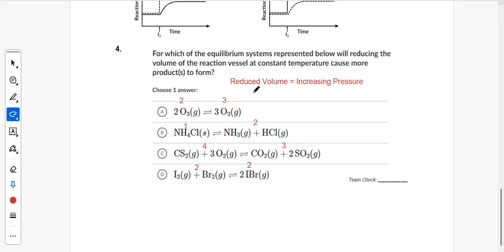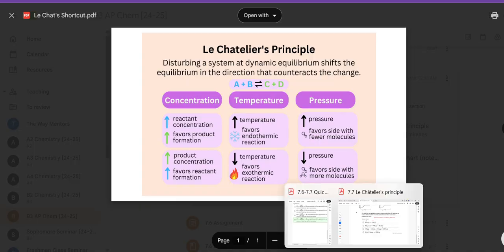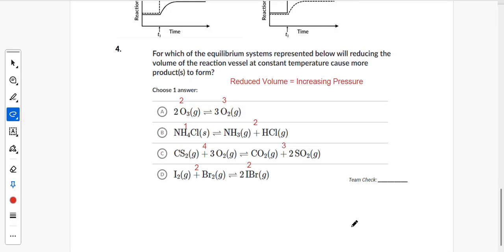Reduce volume, increased pressure, and my cheat sheet told me it favors the side with fewer molecules, and we're looking for more products. So for A, did we favor the products? No, because increased pressure favors the side with fewer molecules.